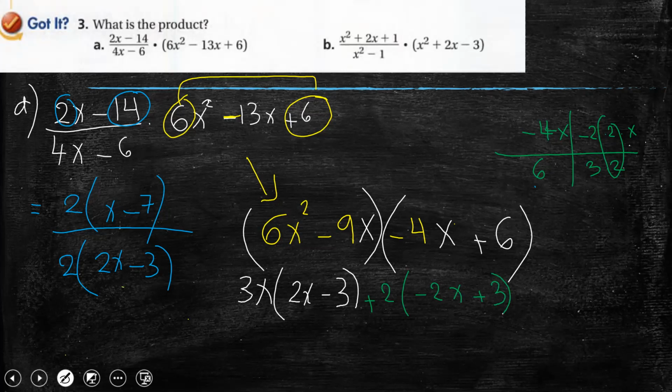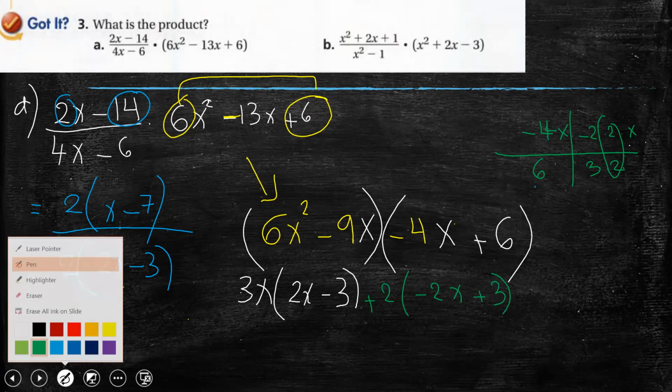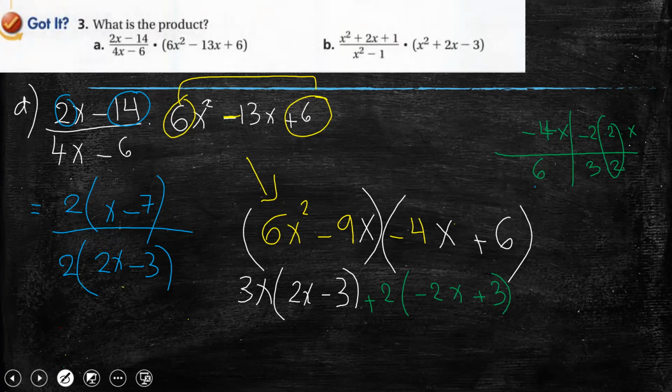Right. Here now, what can we do? Let's take the minus sign. Here we cannot take 2x minus 3 and negative 2x plus 3 as a common factor. Let's take negative 1 as a common factor.